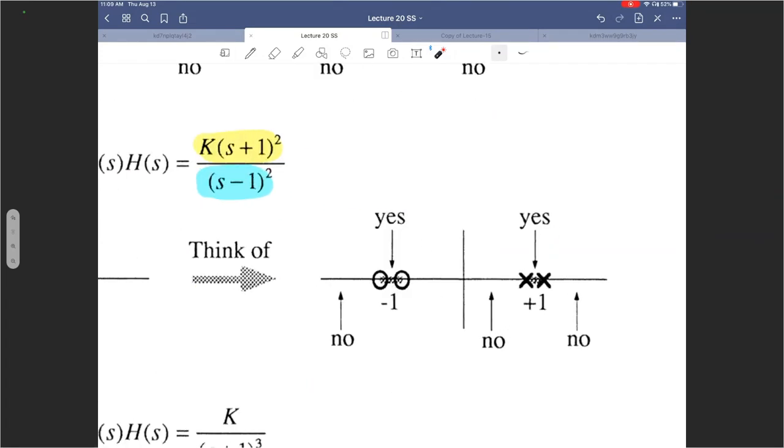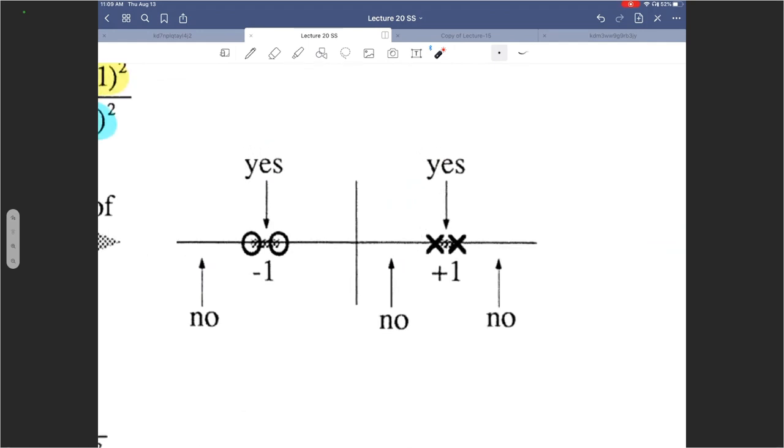Remember, the root locus starts at poles and ends at zeros, based on rule 1, right? There are 2 poles where it starts and there are 2 zeros where it ends.